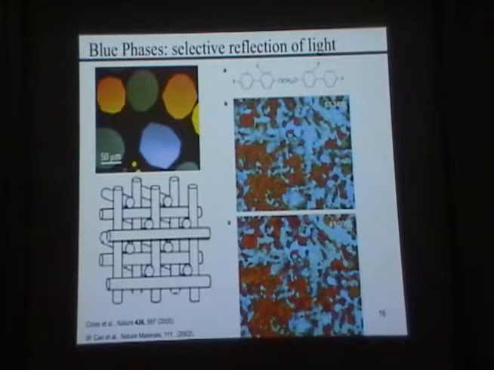And what's interesting again is that the periodicity of those phases can be on the scales of hundreds of nanometers. This makes them very attractive from the standpoint of photonic applications, because they can be essentially self-assembled photonic crystals. Although not with the full band gap because of relatively low refractive index contrast.